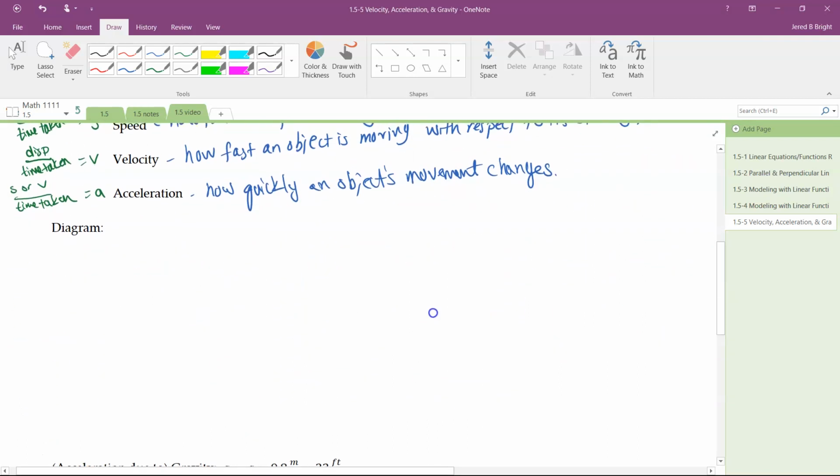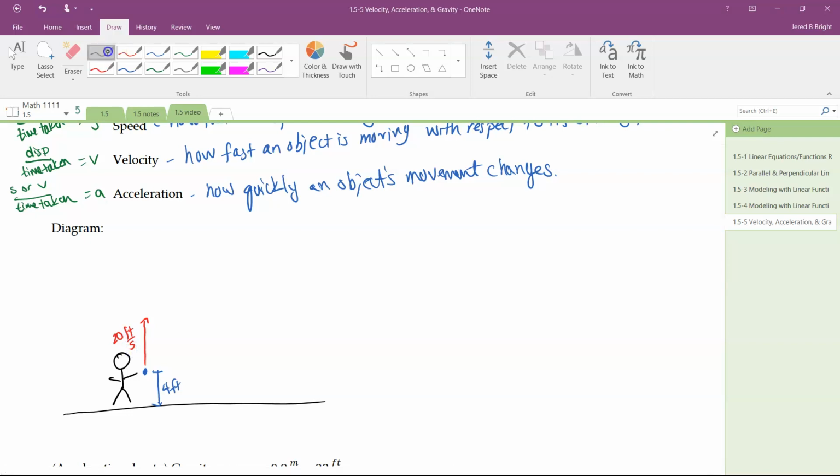Now for the diagram, I left a lot of room for the diagram, I don't know why, but imagine we have the ground. For the example, here's lovely you, I'm an awesome artist, not really, but anyway, you are throwing a ball, sorry, not a rock, big difference there, from a height of 4 feet, and you're tossing it up at 20 feet per second, and then it's going up, and then it'll come down, and then you catch it again at 4 feet.